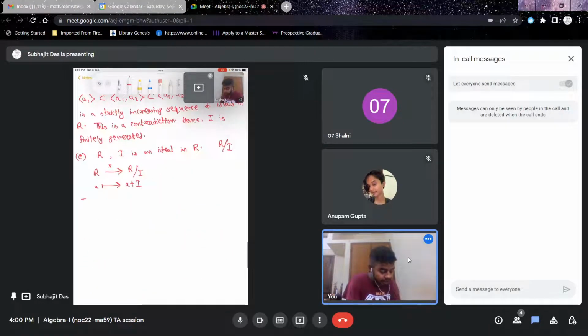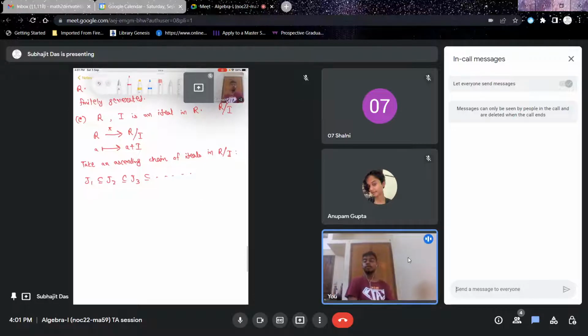We can use any criteria here, so let's just go with the usual definition. Take an ascending chain of ideals in R mod I, say J1 containing J2 containing J3, and so on.